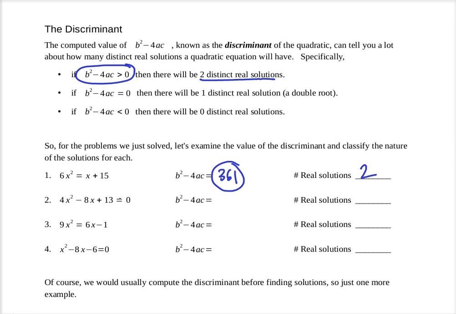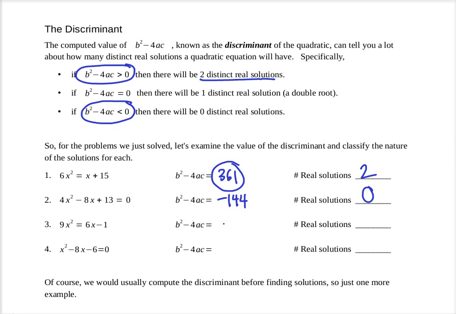In the second problem, you'll recall that b squared minus 4ac turned out to be negative 144. A negative 144 means that b squared minus 4ac was less than 0, and so there were 0 real solutions. In fact, we saw that both of the solutions were complex.